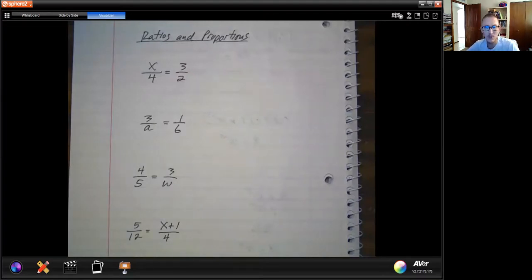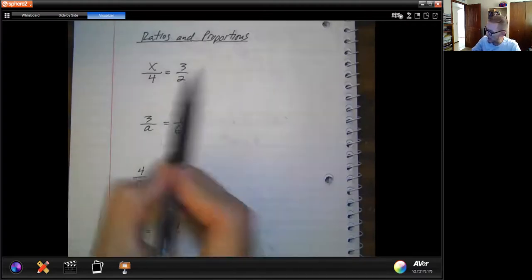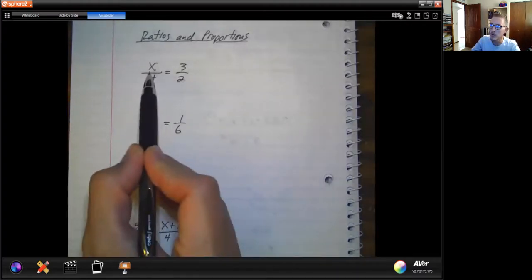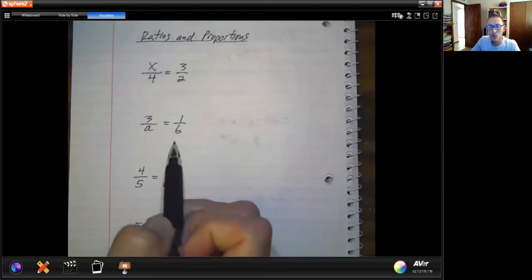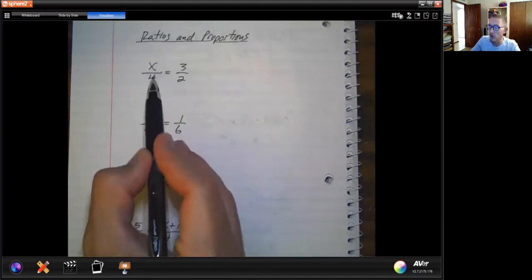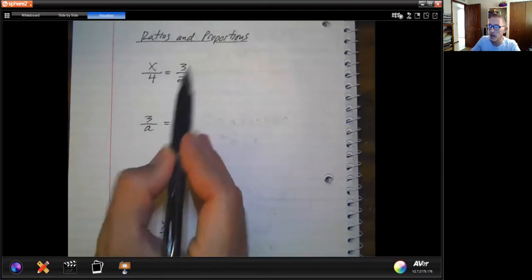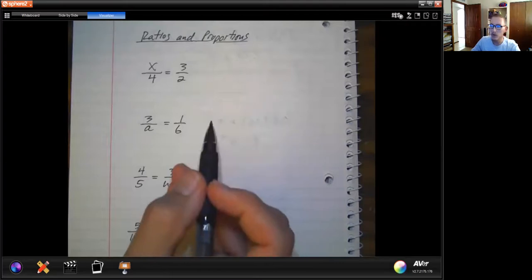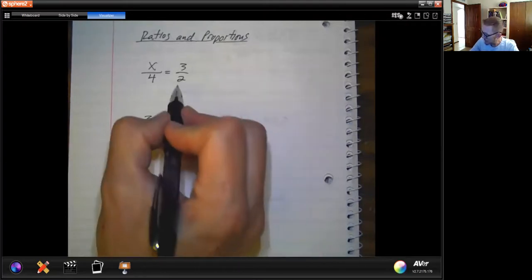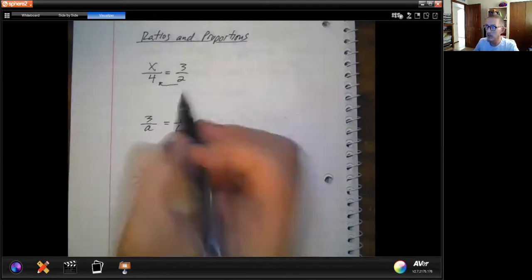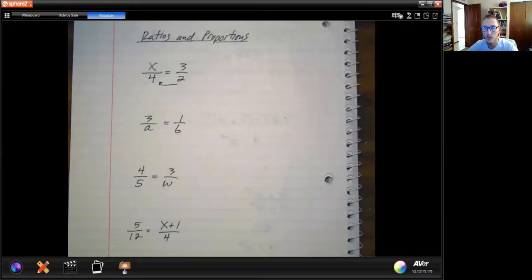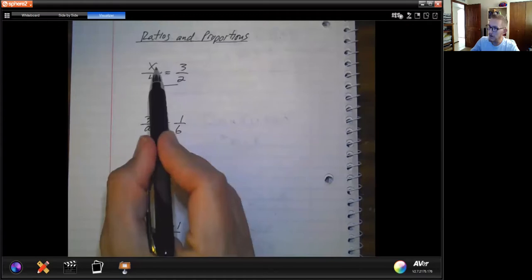because the fractions are easily set up to be equivalent. And what I mean by that is if I look at what I'm searching for, I'm trying to find out what x is. Well, x is in a fraction that's over 4, and it's set equal to 3/2. Well, if we use equivalent fractions, it's pretty easy to figure out how 2 can become a 4. And I'm always going to work towards the variable that I'm solving for. I'm trying to find out what x is.